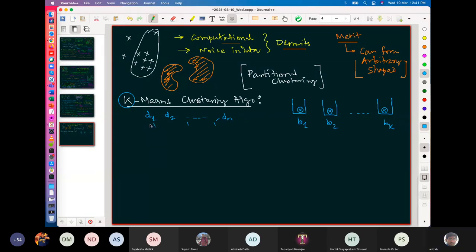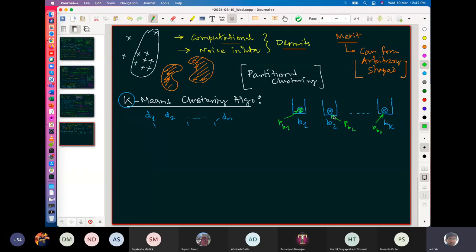Then for every point d1 to dn, compute which of the points that you put inside the buckets is nearer. So is d1 nearer to this point, or this point, or this point? Let us call this point the pivot of B1, the pivot of B2, the pivot of B3.